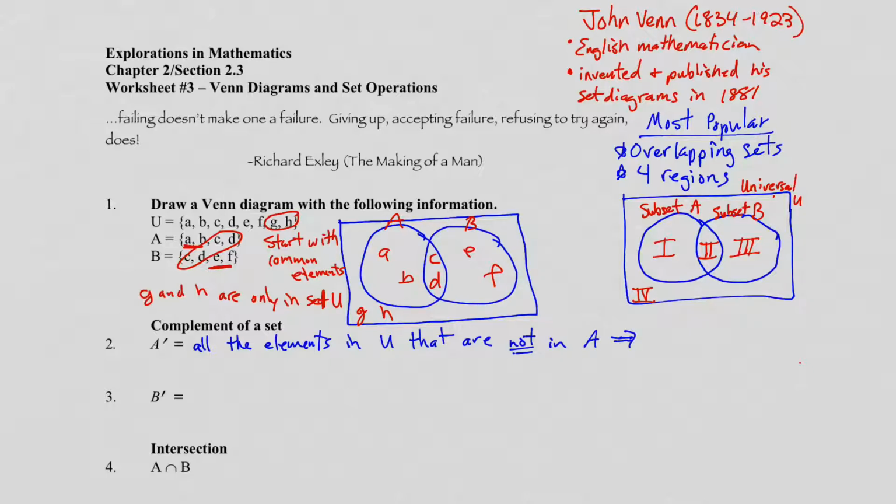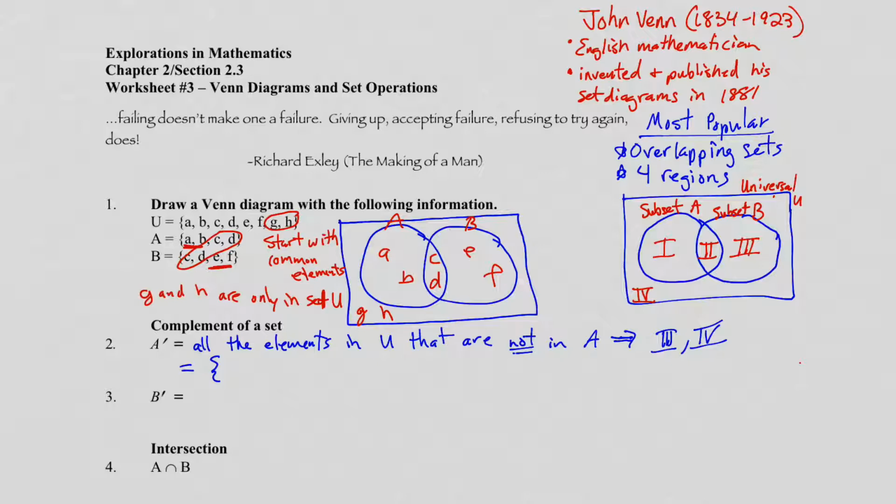If you look at the general Venn diagram on the right, we have regions 1 and 2 that are in A, but regions 3 and 4 are not in A. So we're going to write down all the elements in regions 3 and 4.